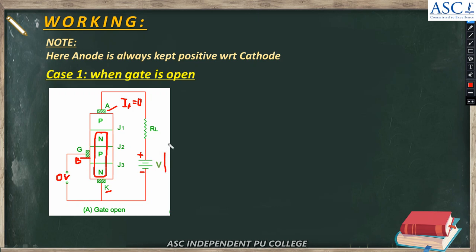If you increase the voltage applied between anode and cathode, within a fraction of time junction J2 breaks. When junction J2 breaks, SCR starts conducting heavily. The voltage at which SCR starts conducting heavily, we call the breakover voltage.